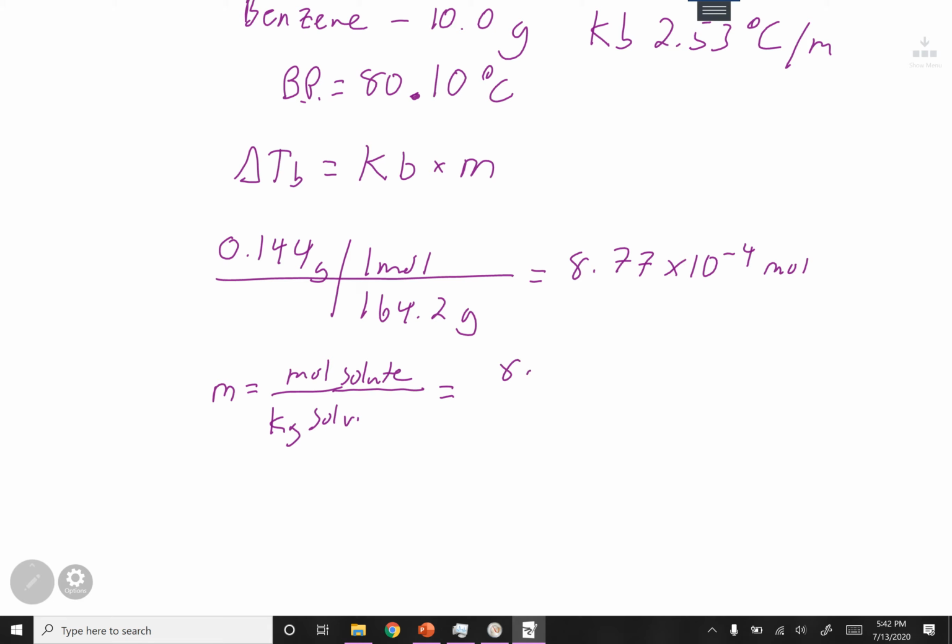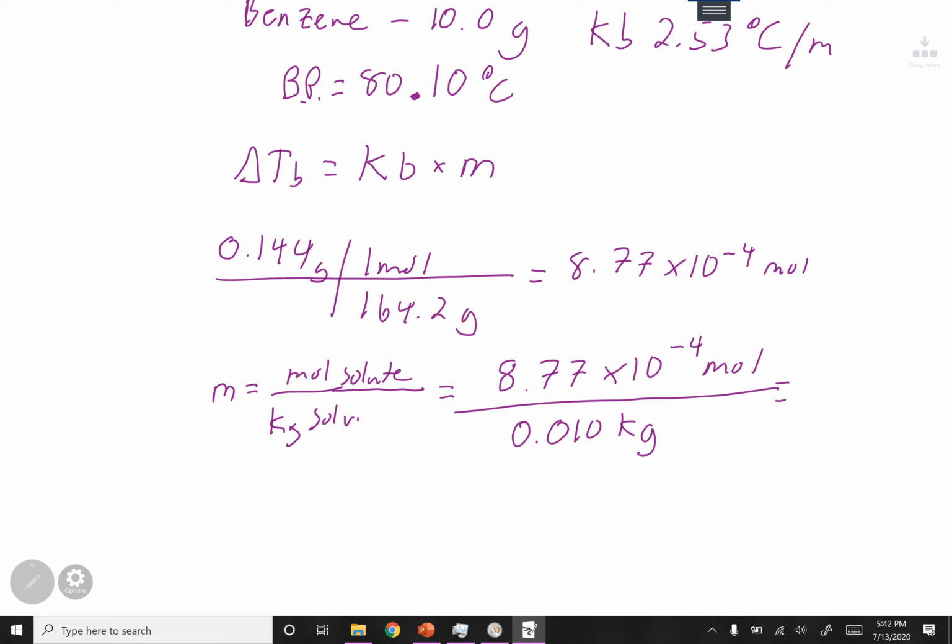Okay, so we have 8.77 times 10 to the minus 4 moles over, so they gave us 10 grams, so in kilograms it's 0.010 kilograms, and that gives us a molal equal to 0.0877. Oh, excuse me, I missed a 0 in there.